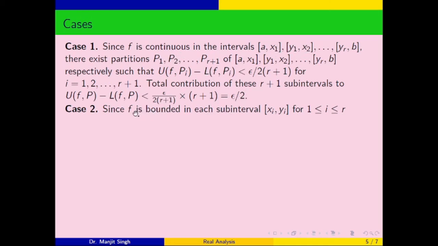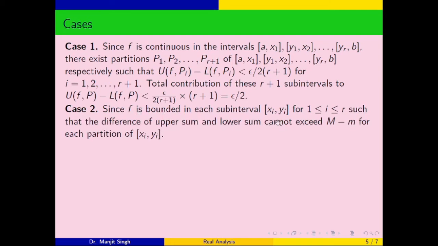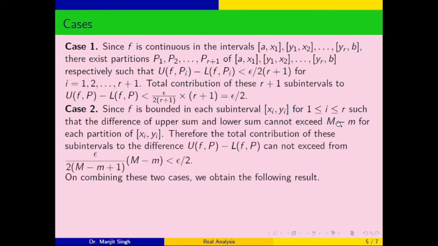Now in the second case, f is bounded, so it will be bounded in each subinterval. So xi, yi, however it contains points of discontinuity, but the function is bounded, such that the difference of upper sum and lower sum cannot exceed M minus m. It is well known that the difference of upper sum and lower sum cannot exceed this difference for each partition.